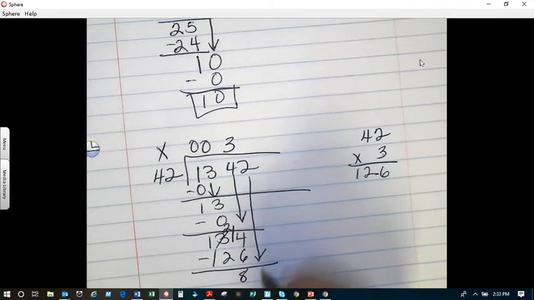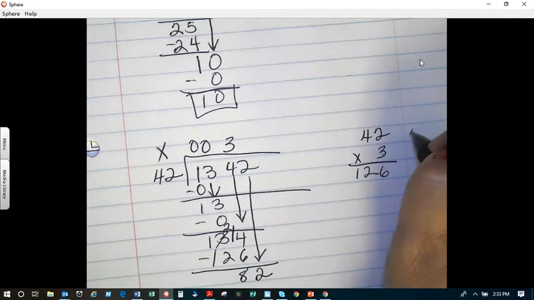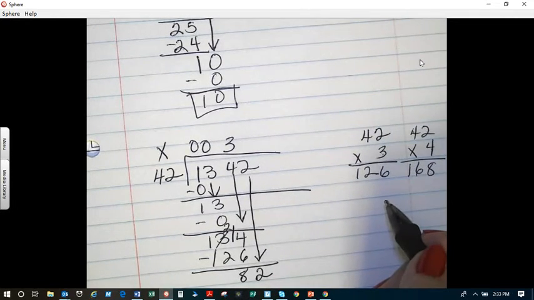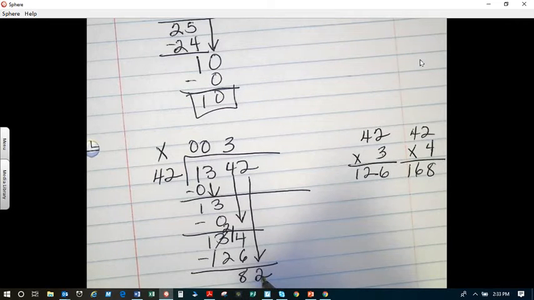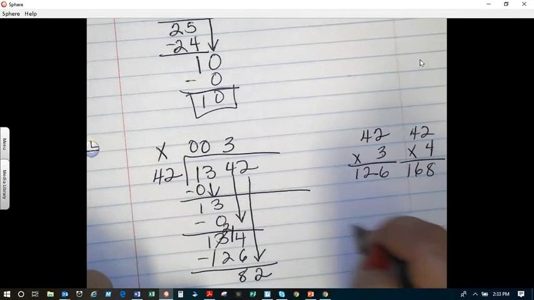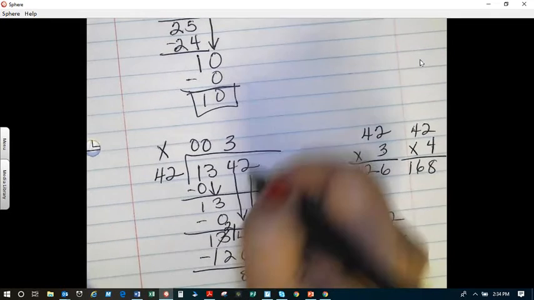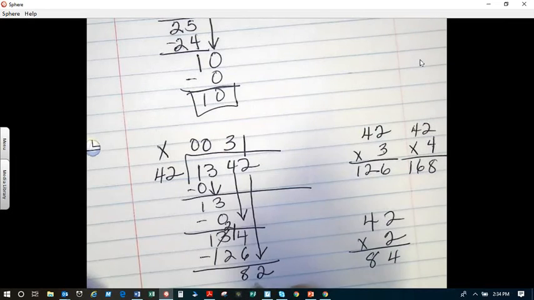Bring down my 2. So 42 times 4. 4 times 2 is 8. 4 times 4 is 16. Oops, what am I doing? I'm getting too big. I need to get smaller. So 42 times 2. 2 times 2 is 4. 2 times 4 is 8, 84. That's way too big, so it's only going to be one more bag. So I'm going to have some left over.